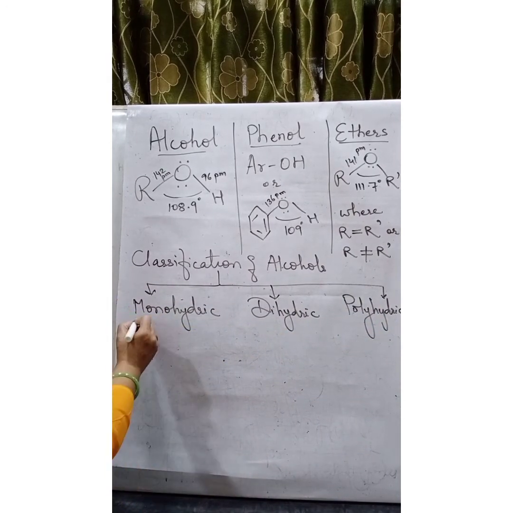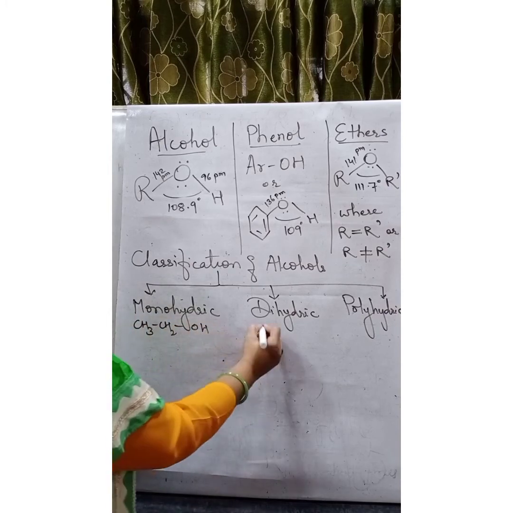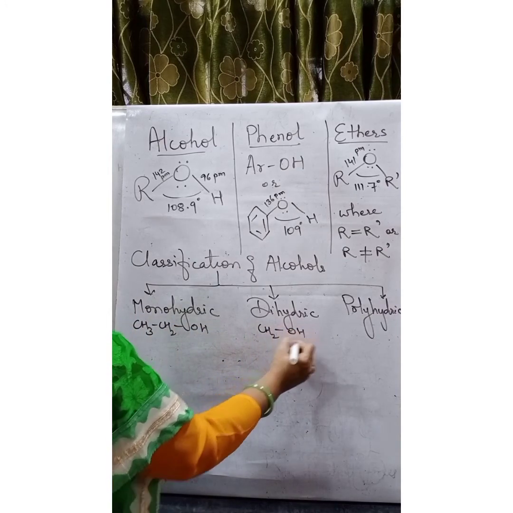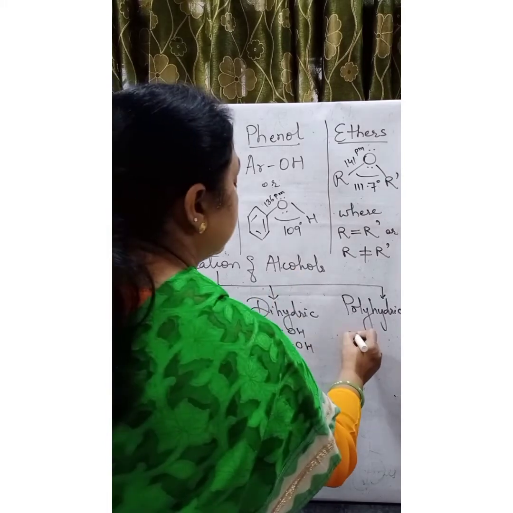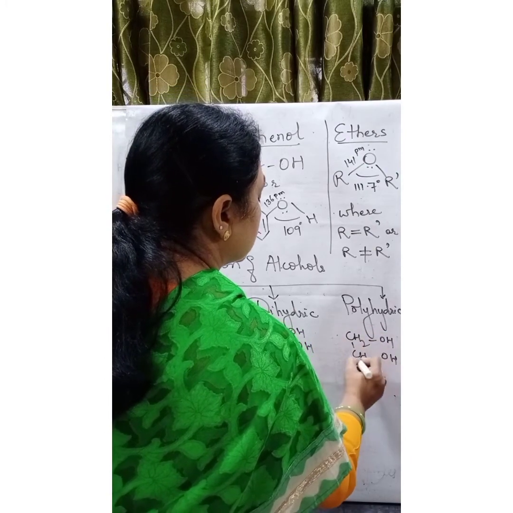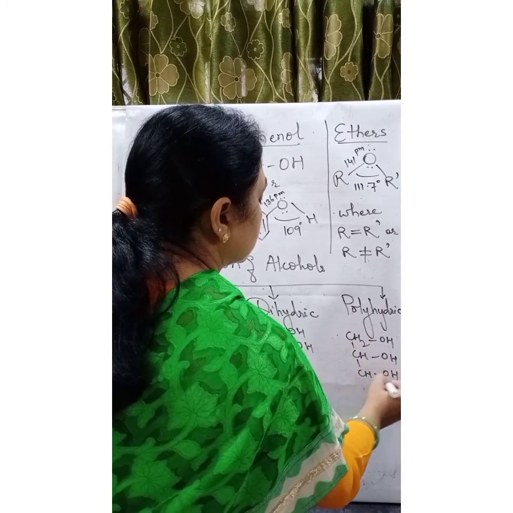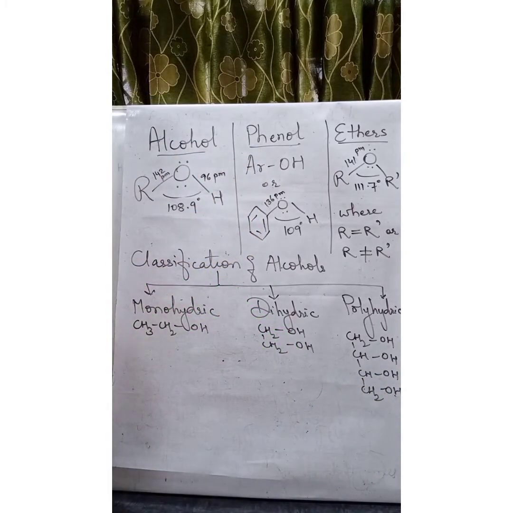We can take an example: CH3CH2OH monohydric, CH2OH CH2OH is dihydric, and polyhydric you can take a number of examples. So this is polyhydric alcohol.